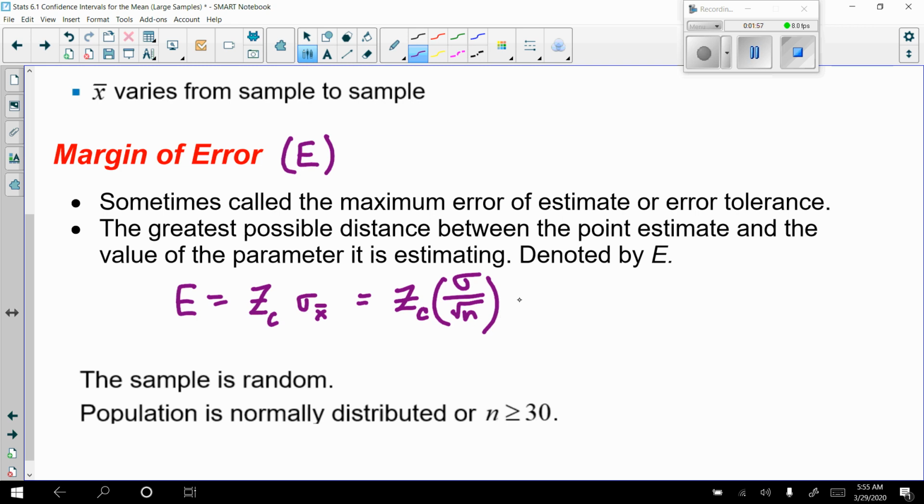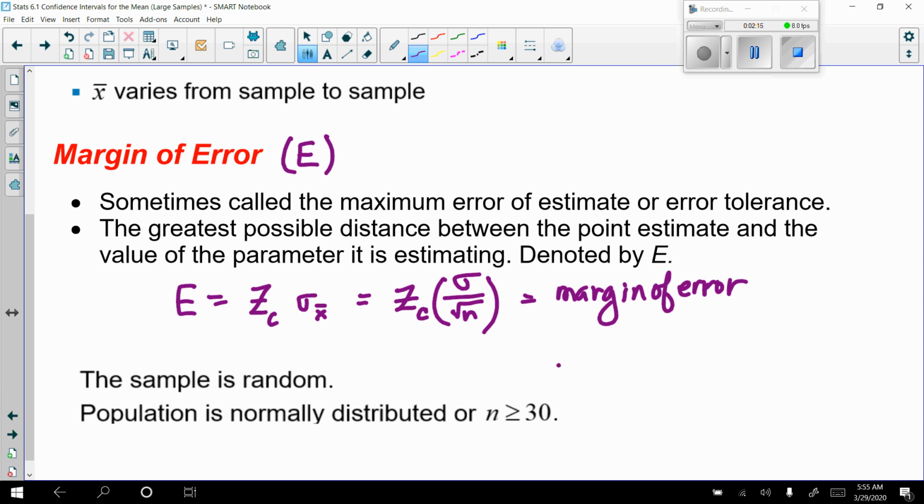That's what we call the margin of error: how much we can be off by, either above or below the actual mean.